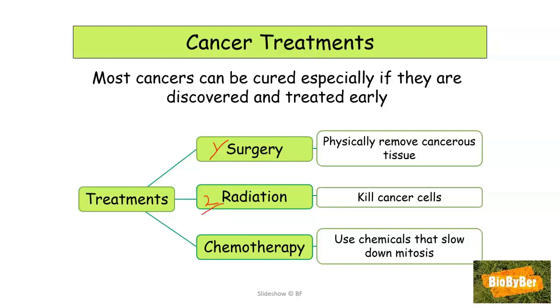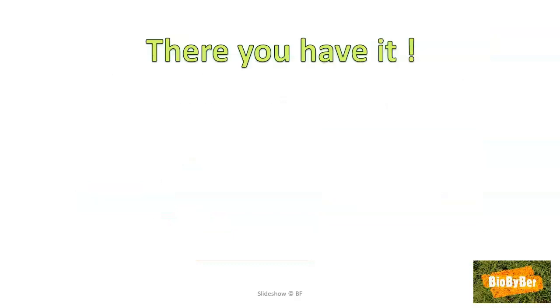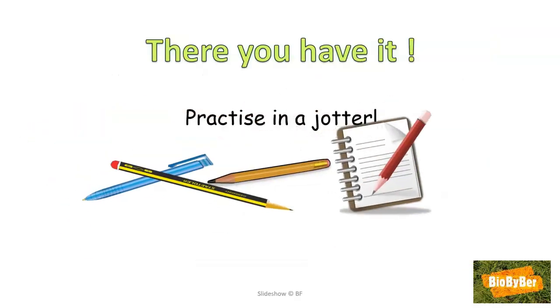This is quite a delicate procedure because we are anxious to kill the cancer cells, not healthy cells. The third type of treatment is chemotherapy. You can see the word chemo there. This is the use of chemicals that slow down the rate of mitosis. And there you have it. Practice in a jotter.